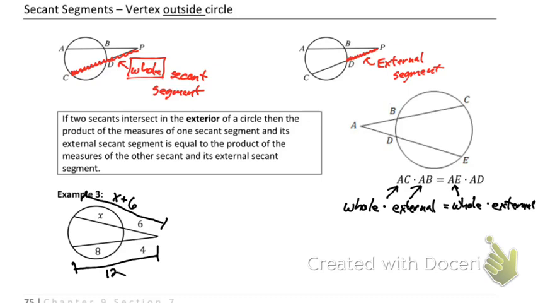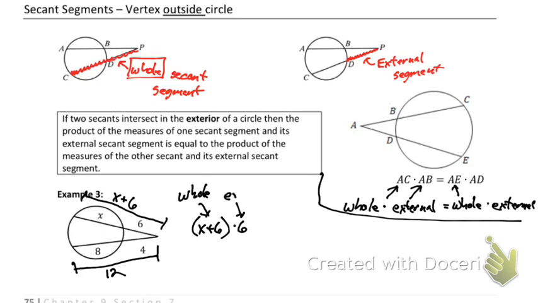Now if I'm thinking whole times external, I can picture x plus 6 as the whole, and it'll be times our external length, which is 6. That's going to equal the whole length of the other one, which was 12, times the external, which is 4.